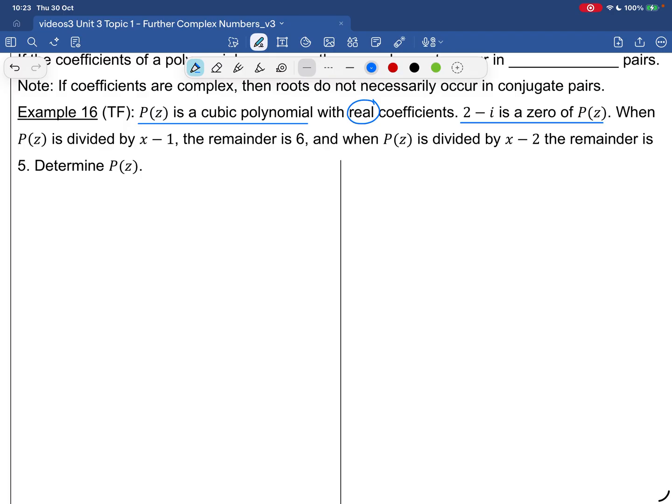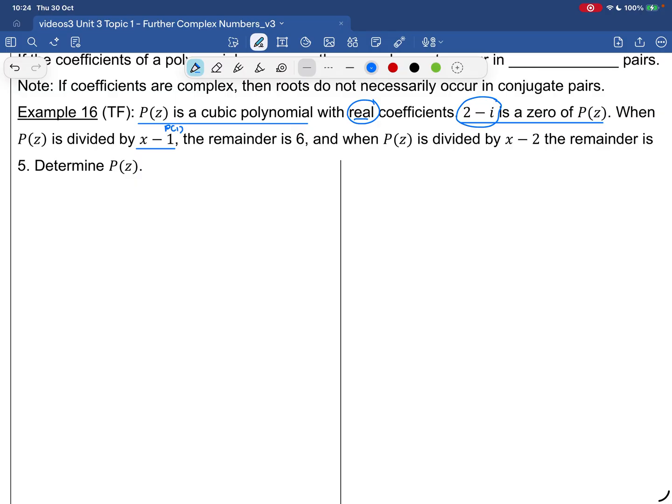And because I've got real coefficients and I've got a complex factor, it means that my complex conjugate is also a factor. Okay. They're telling us that when P of Z is divided by x minus 1, so that's going to be P of 1, the remainder is 6.